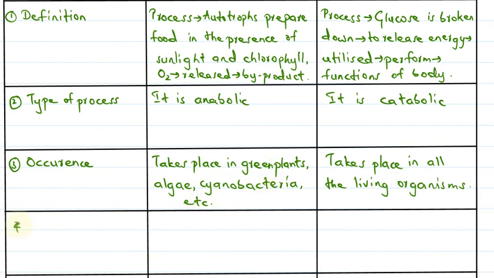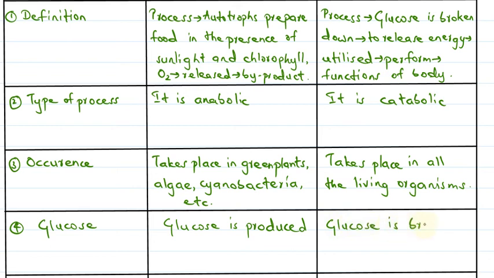Then the fourth parameter we are going to consider here is glucose. In case of photosynthesis, what is happening? Glucose is being produced. Correct? The glucose is being produced in this process, whereas in case of respiration, the glucose is broken down.